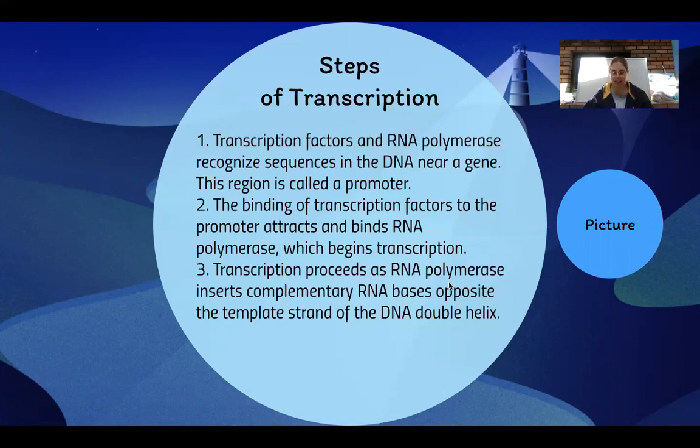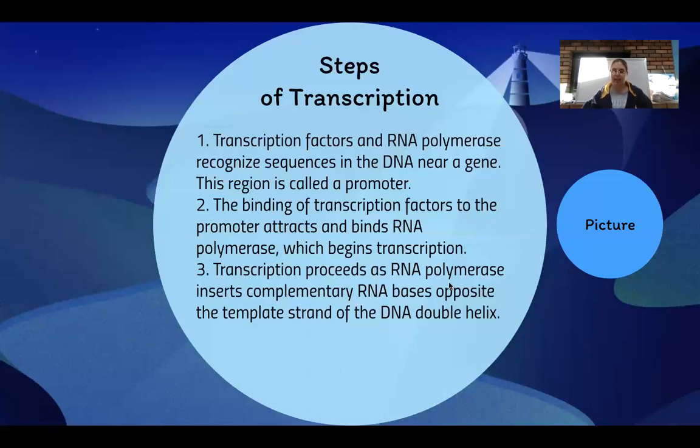Now, something I neglected to say, because it's kind of what I meant by similar to DNA replication: remember, the DNA is all coiled up, so we do need to loosen it. And DNA helicase, we talked about that enzyme back when we were talking about DNA replication. It's going to attach and kind of unwind and unzip the DNA. This is what will allow the transcription factors to actually have access to the promoter region.